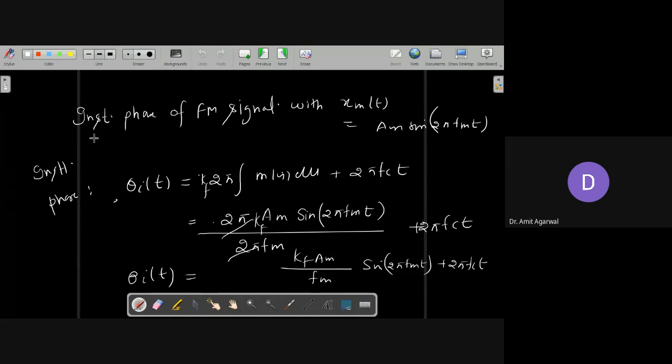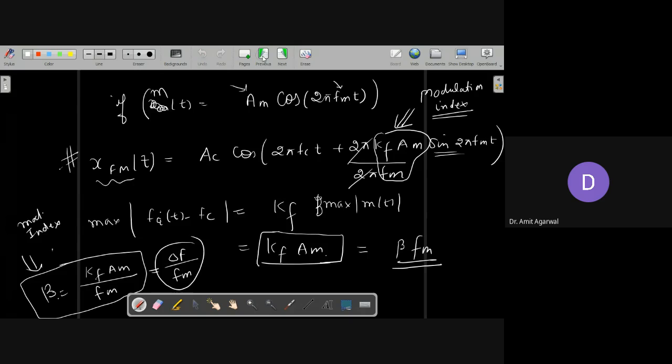So what would be the instantaneous phase of your FM signal when your message signal is this? This is your message signal. For the maximum phase deviation, first you will evaluate the instantaneous phase.